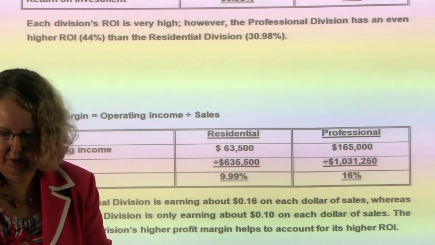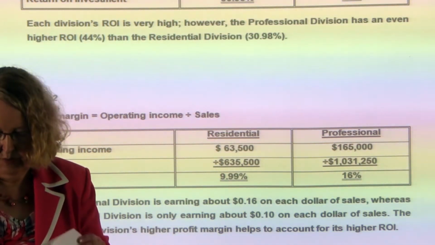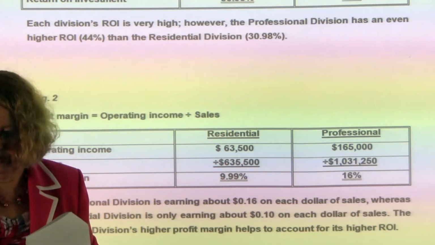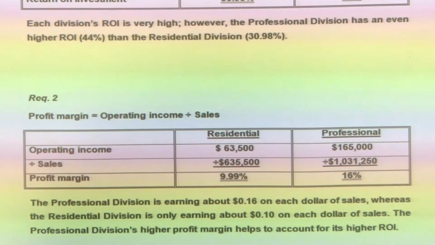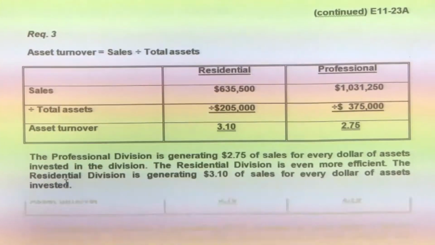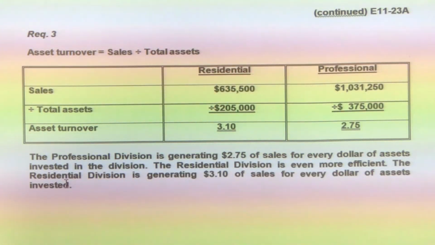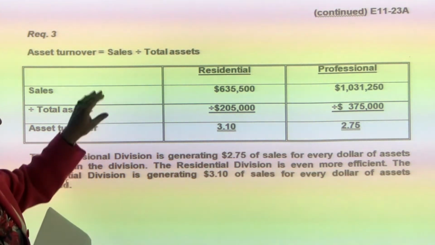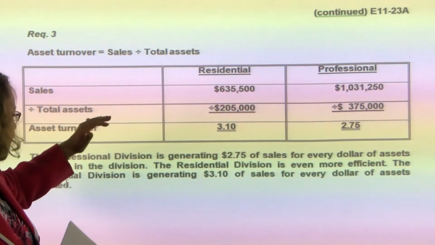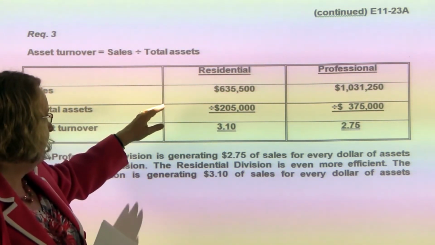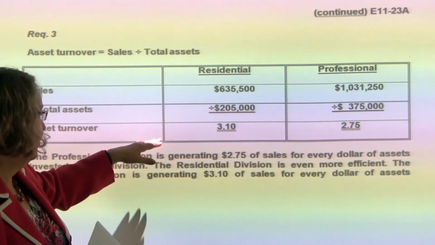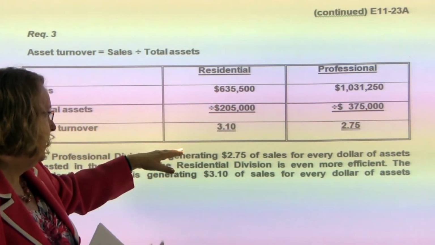So the third requirement in this problem is to calculate each division's asset turnover. So we'll just move down. So asset turnover, again, that's sales divided by total assets. So sales of 635 divided by total assets of 205 will give you turnover of 3.10.